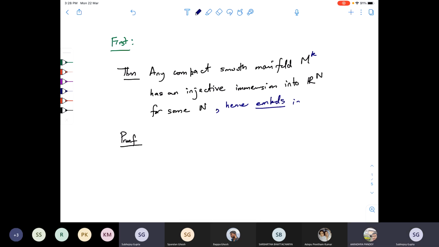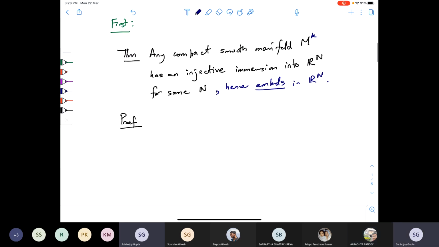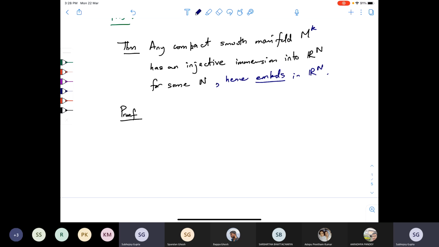Sir, one small question. I mean, what smallest n can we get to? Yeah, we'll get to that. That's one of the goals. So we'll show that we can get to 2k plus 1, although there is a stronger theorem that you can get to 2k. Okay, so right now it's just some R^n for some n.